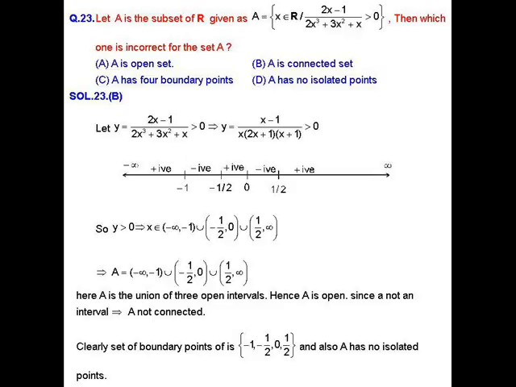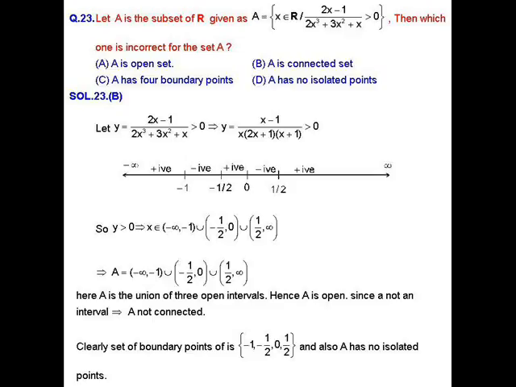Now we'll factorize this term, that is, y is equal to (2x minus 1) divided by x times (2x plus 1) times (x plus 1). So we want such x's such that this value should be greater than 0.